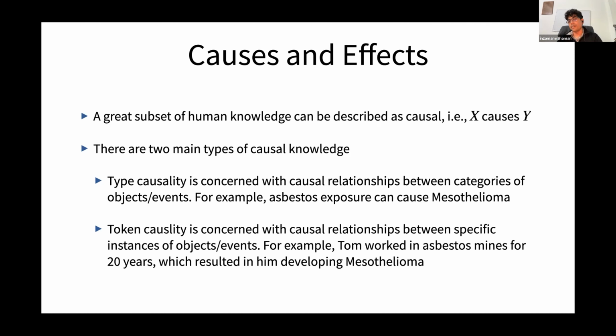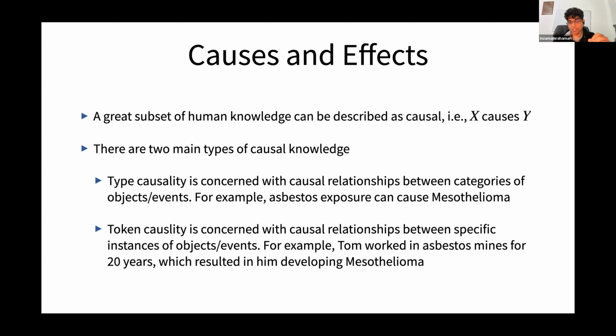That is an instance of a bit of knowledge that would be considered a form of type causality. So it's referring to two generic types of events and the relationships between them.